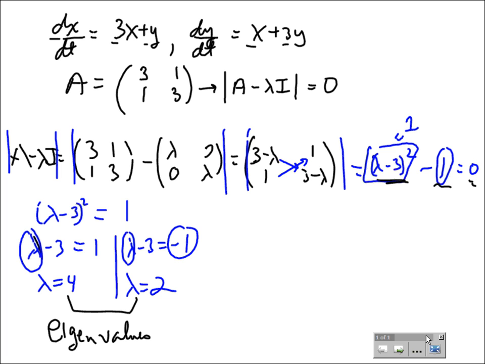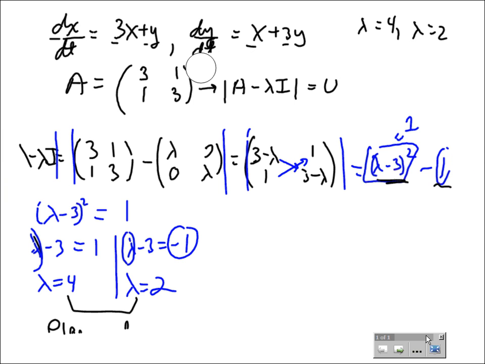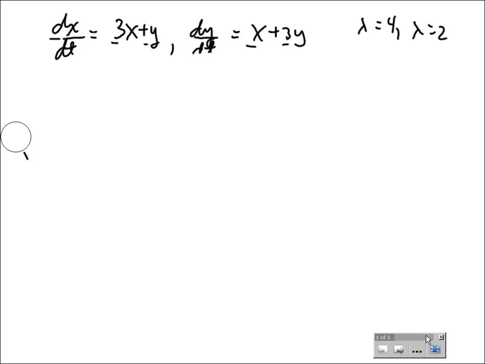Now we want to find the corresponding eigenvectors. So we've just learned that these are the two values for lambda. Now we want to solve this: A take away lambda I times some vector k, where k is k1, k2.